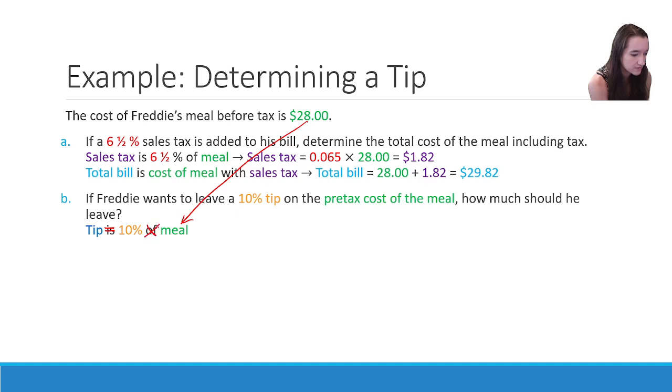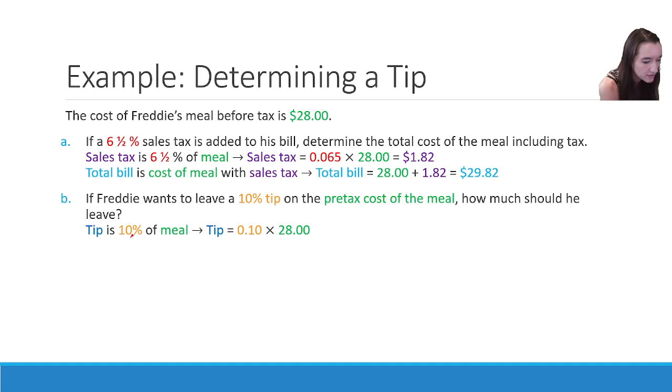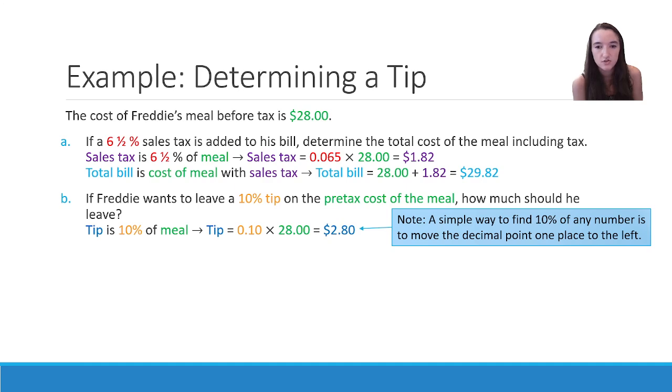"Is" is equals, "of" is times. 10% is 0.1, so 0.1 times 28 gets us 2.80, which is just moving the decimal over one time. That's how we get 10% of something. Anytime we're multiplying or dividing by tens or hundreds, it's just about moving the decimal over, so that's something you can quickly do in your head. To find 10%, I move the decimal over one time: 28 becomes 2.80.